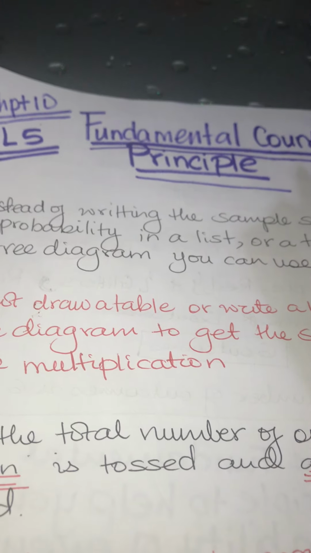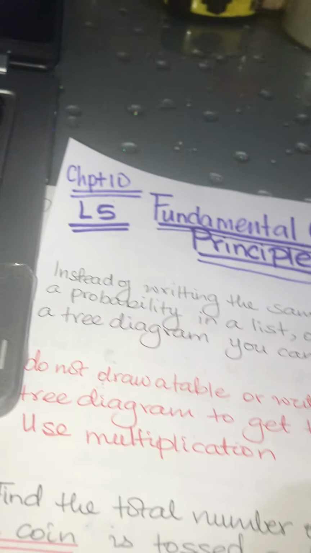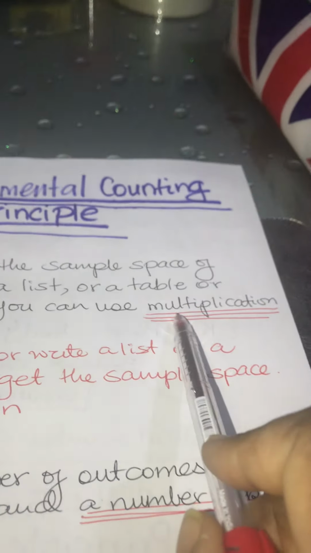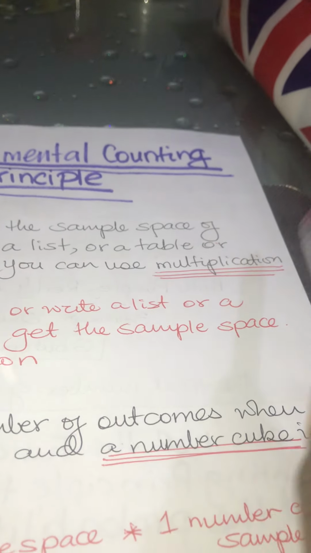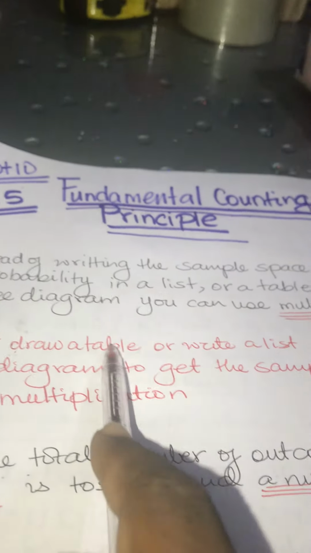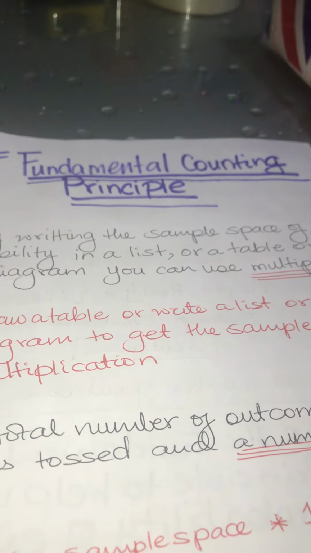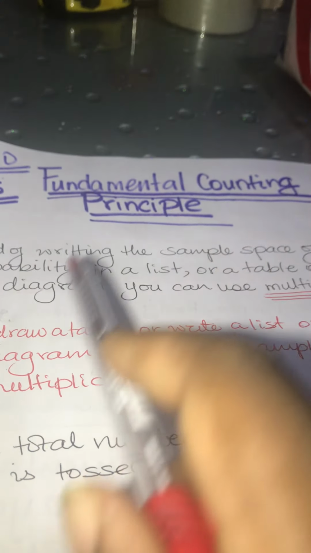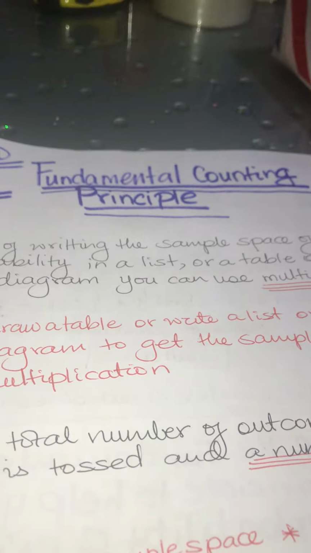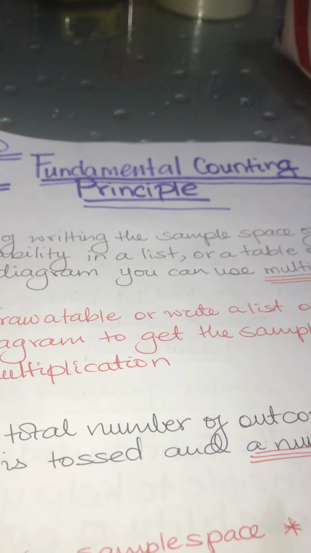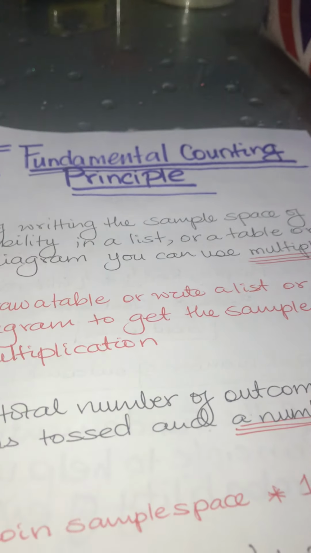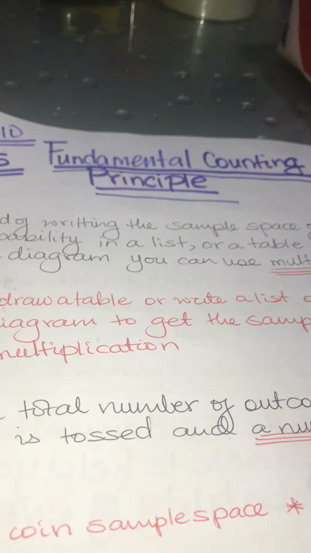So instead of doing all that to find how many outcomes you have all together, we are saying just multiply. If you multiply the number of outcomes in all your events, it will give you the total number of outcomes in that experiment or in that probability, okay?